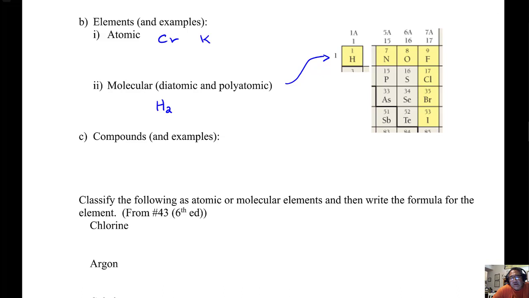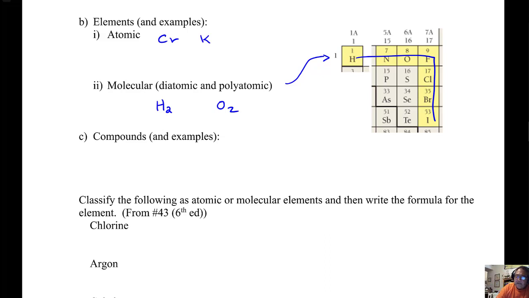When you go out into nature and you get hydrogen gas, or you generate hydrogen gas in a chemical reaction, the elemental form of hydrogen is always H2. For oxygen, it would be O2. I like to draw this 7 this way because it looks like a 7, and there are 7 of them, in the top right-hand corner of the periodic table.